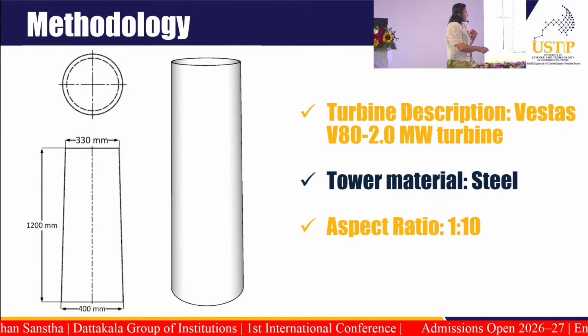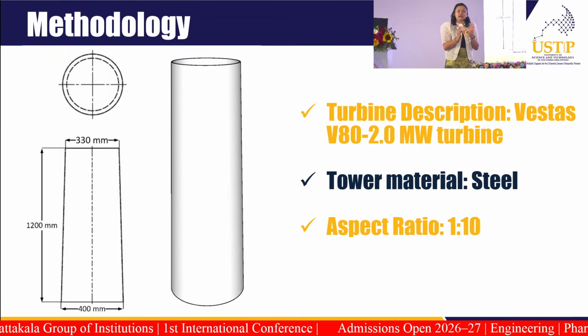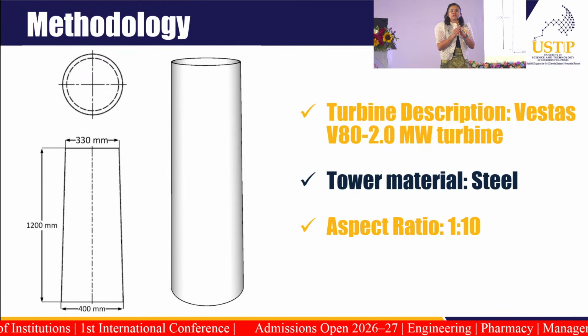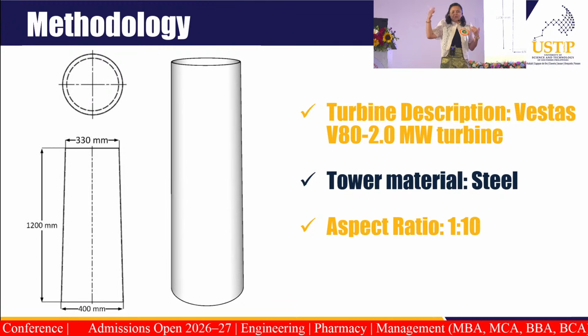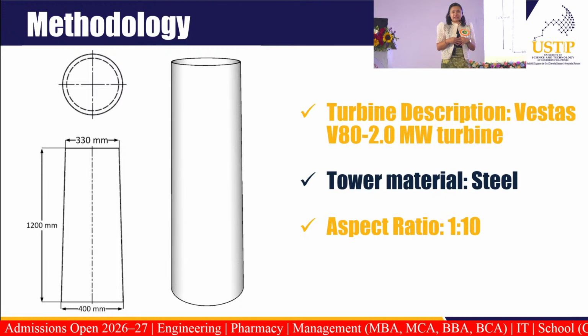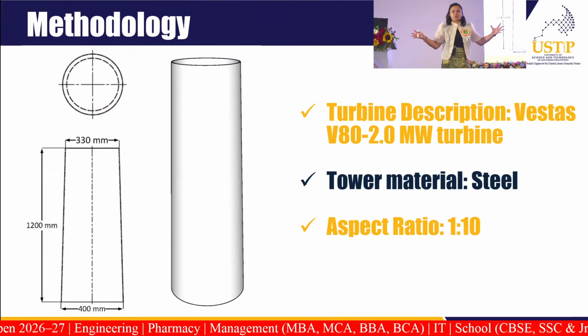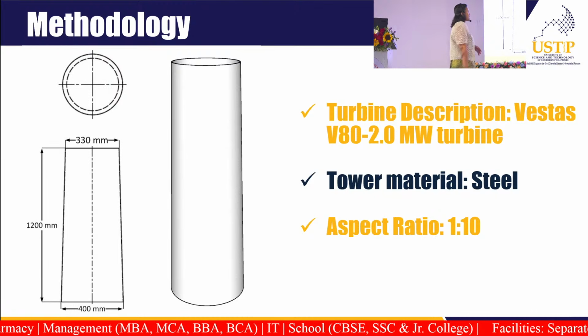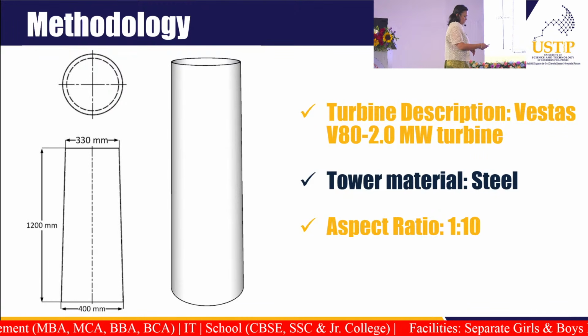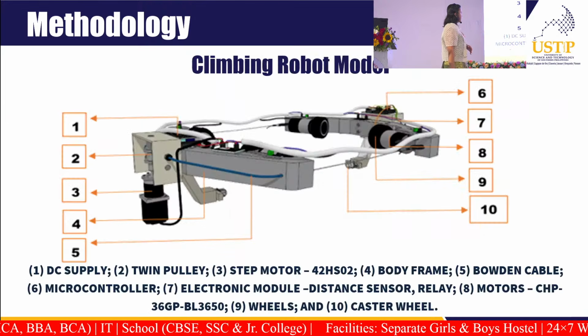And it is being scaled. We have to scale down the prototype so that in future study for Taiwan, to have a bigger climbing robot, the aspect ratio is 1:10. And of course, the material is steel.